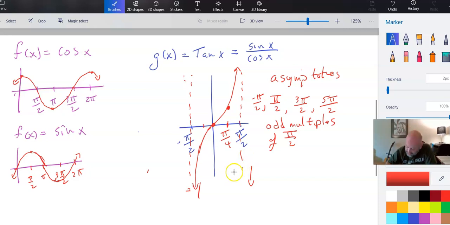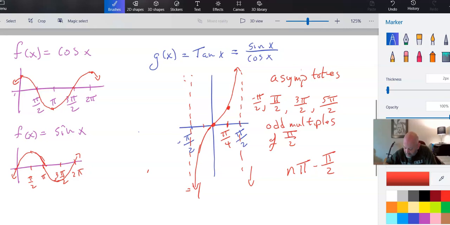Another way to write this would be, I like to start it with negative pi over 2. So it's the multiples of pi, n times pi, minus pi over 2.